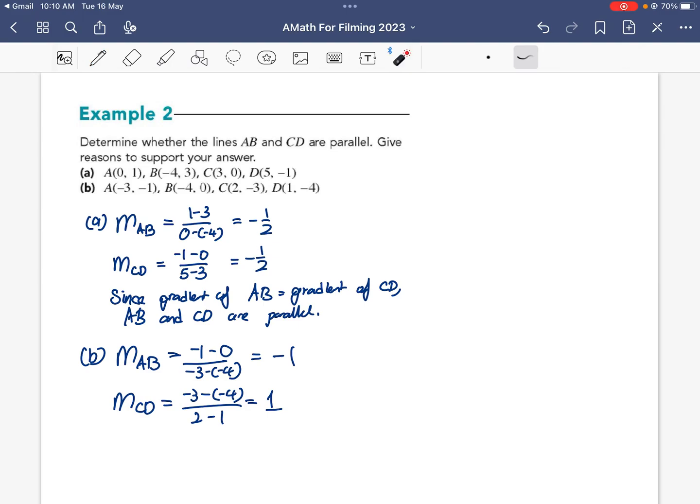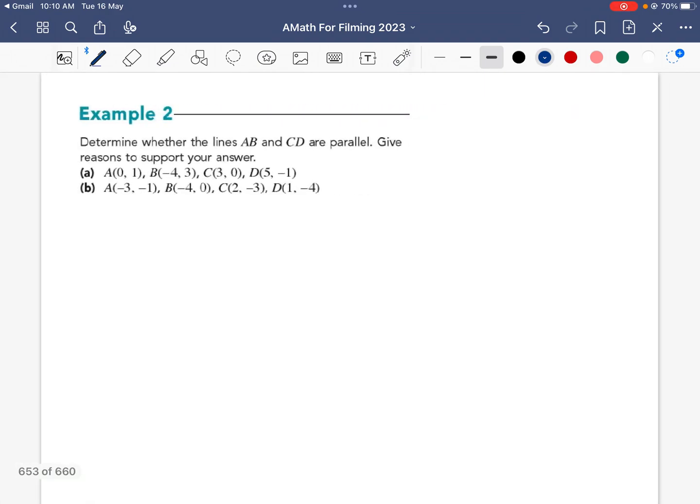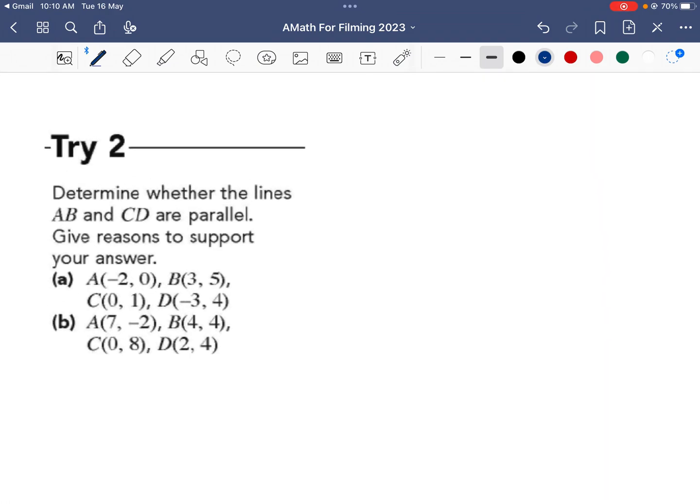I find that my gradient is 1. Notice that the gradient of AB is negative 1, and the gradient of CD is 1. Since my gradient of AB is not equal to my gradient of CD, AB is not parallel to CD. And that's it for example 2.